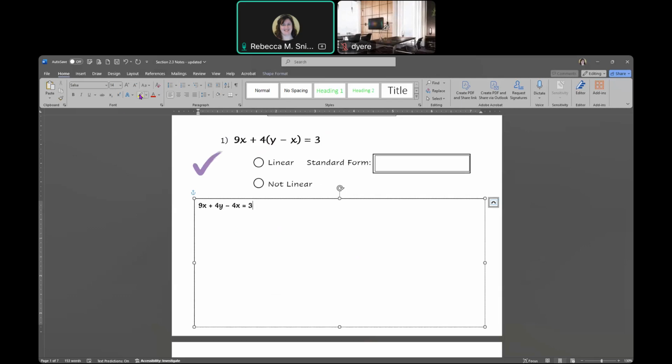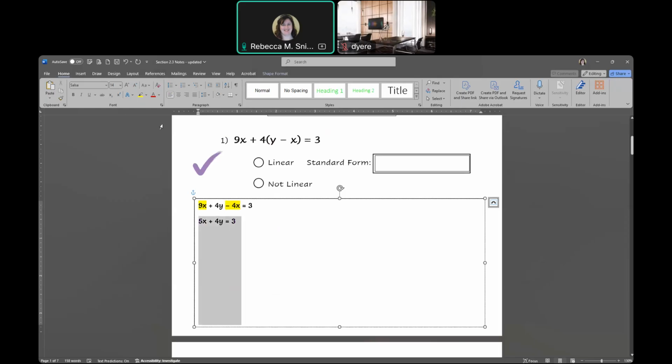Remember, when we're talking about like terms, we're talking about terms that are the same. So this 9x and this 4x here are those like terms, and those we would put together and combine. 9 minus 4 gives you 5x plus the 4y is equal to 3.